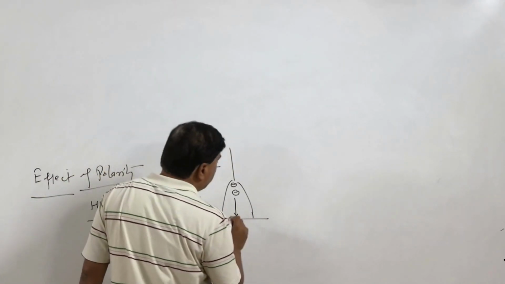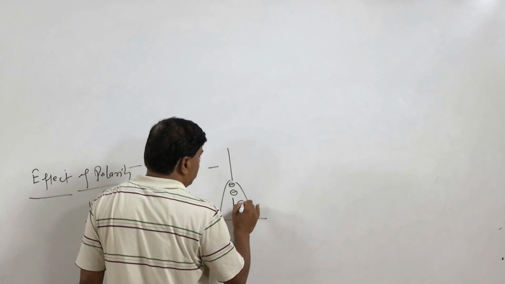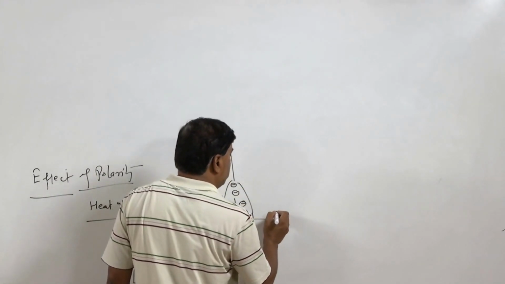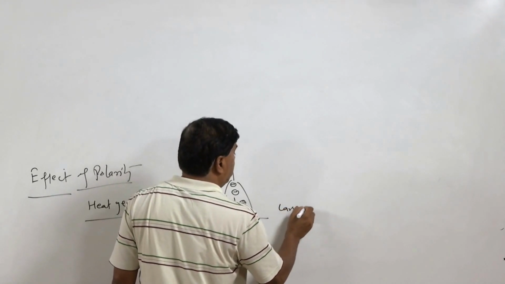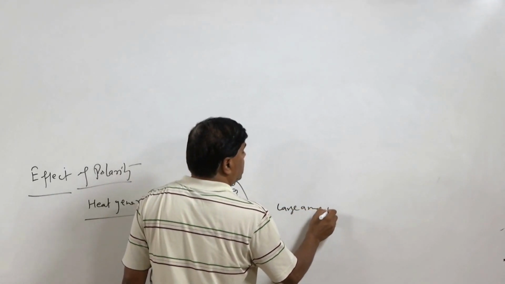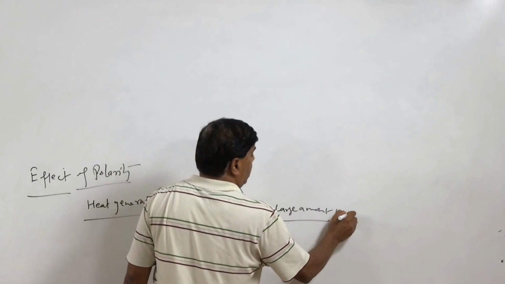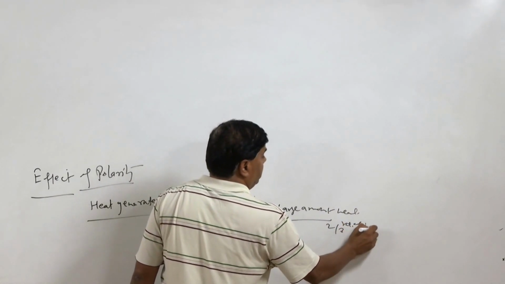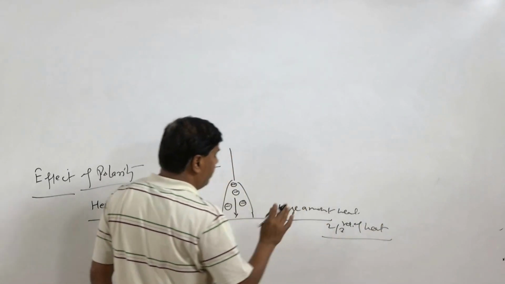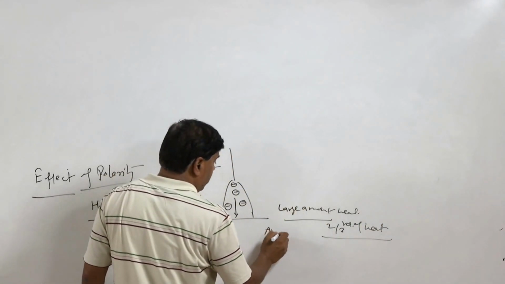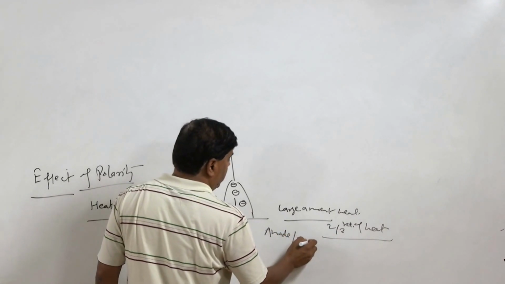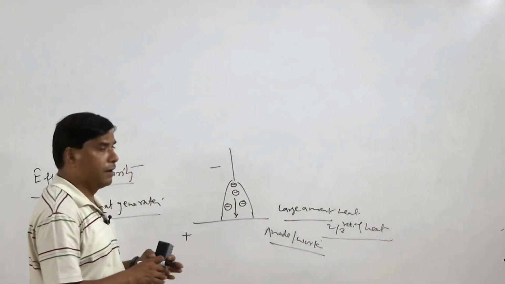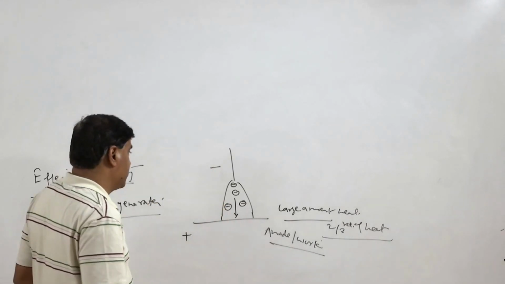Since a large number of electrons continuously impact the workpiece, a large amount of heat is generated, about 2/3 of the heat being generated on the anode side. So, the anode or workpiece will get much more heat as compared to the electrode.